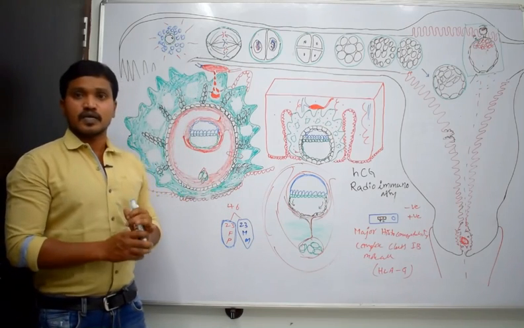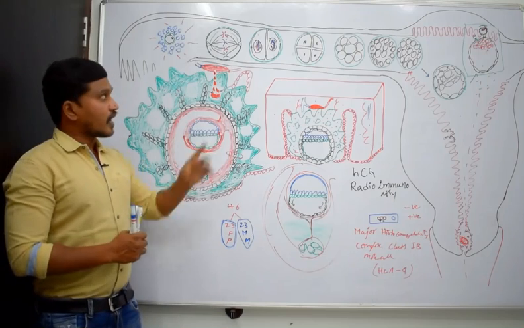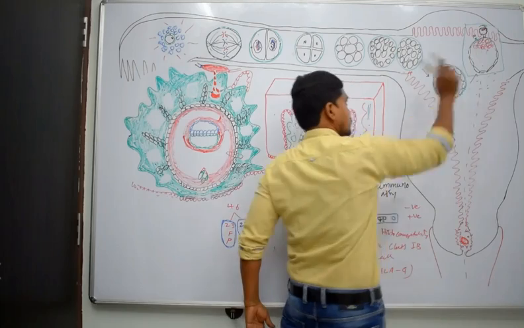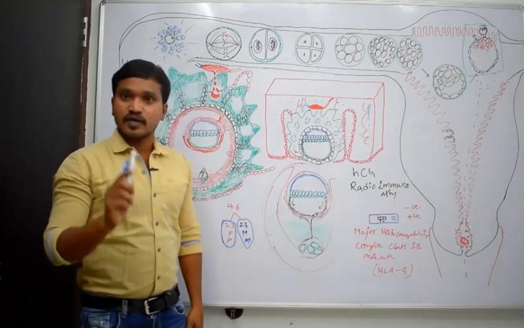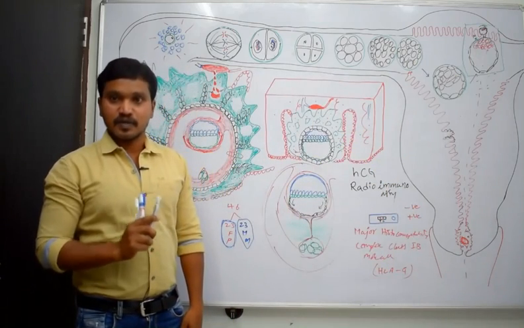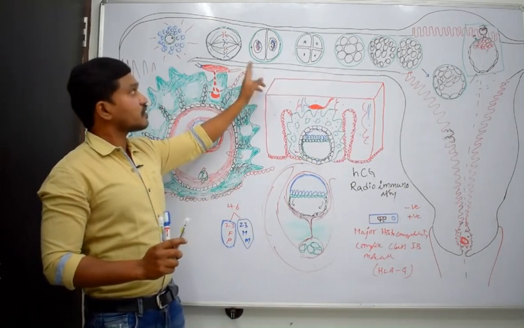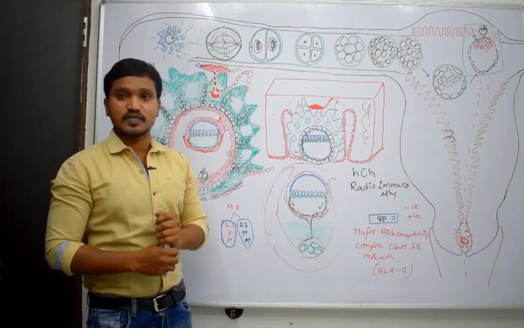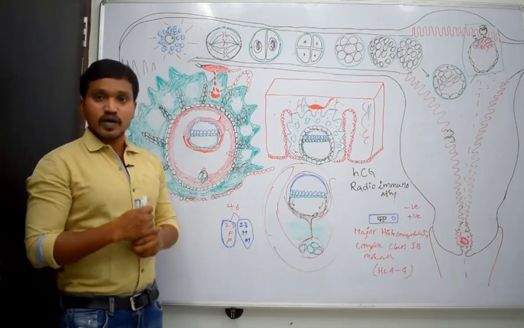What does it mean? Actually, if the embryo is implanted within the uterus, that is normal pregnancy. If the embryo is implanted within the tube, that means within the fallopian tube, that is tubal pregnancy. Why will it happen? We have studied.